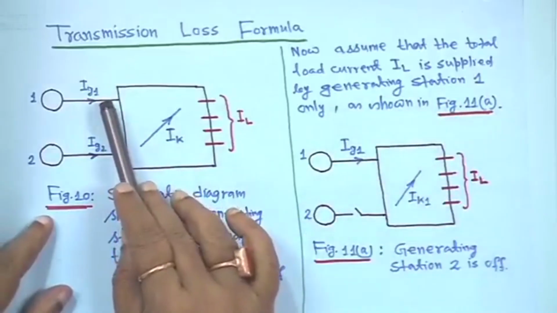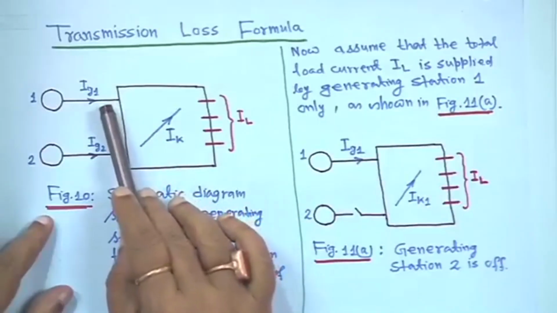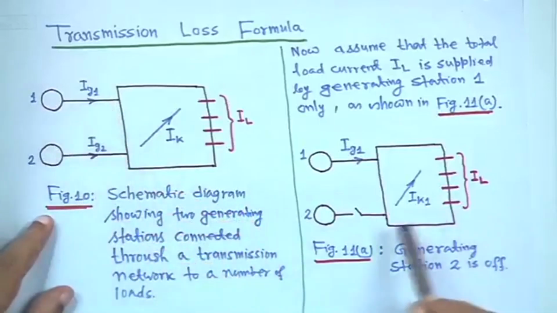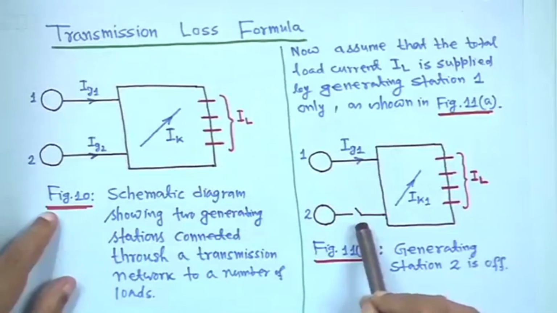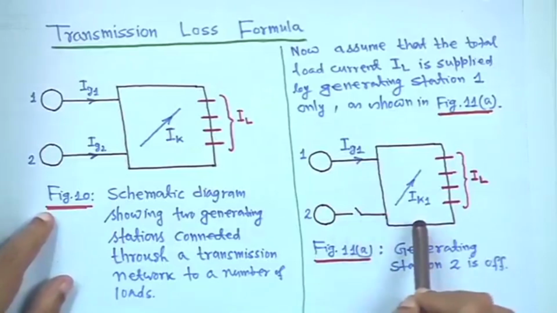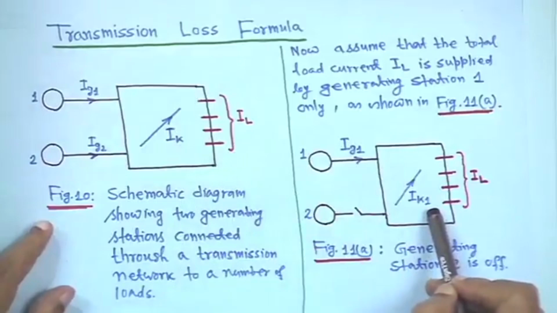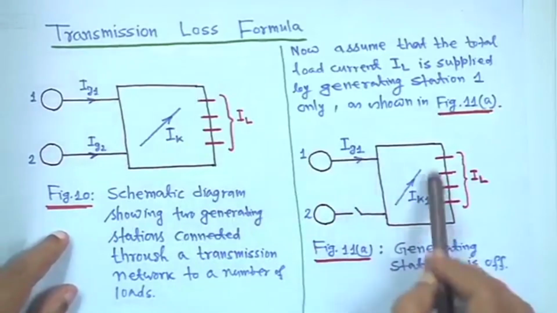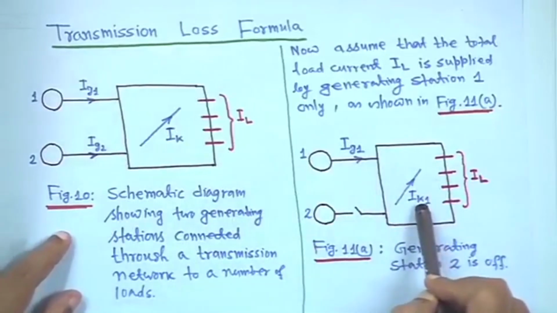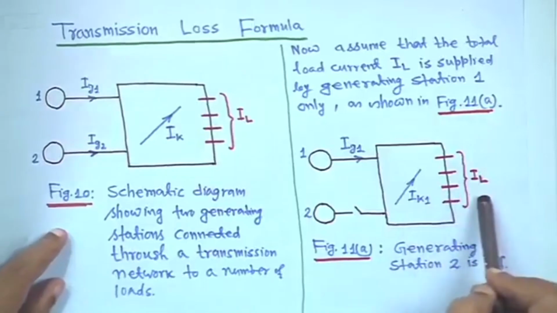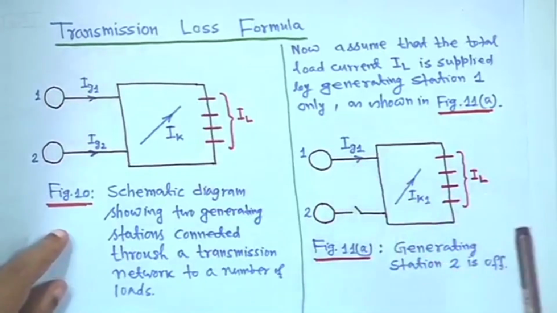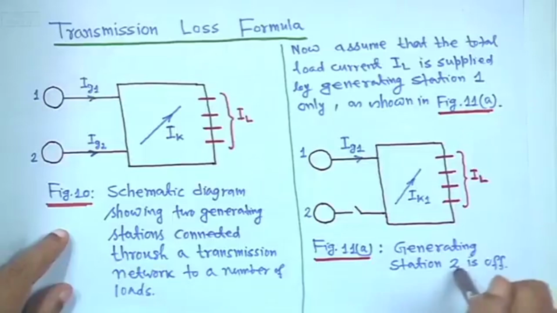That means generator 2 is off. At that time the current through branch k will be I_k1, because generator 1 is supplying the current. So the kth branch current will change, but the total current I_L is supplied by generator 1 only.